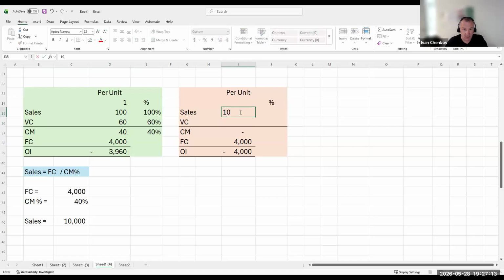If my sales are $10,000, and I know that my contribution margin is 40% of that sales, then my contribution margin is going to be equal to 10,000 times 40%, or $4,000, which is exactly enough to cover my operating expenses. So now, do I know how much my sales are? Yes, 100%. If I know my contribution margin is 40%, how much is left for the variable cost? Obviously, 60%. How much will be my variable cost? I can easily calculate it.